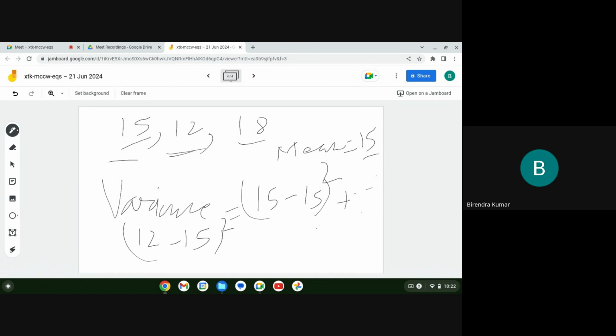Take square of that. Plus third number is 18. 18 minus the mean, 15, square of that. You have to sum it all and then divide by what? Divide that by the number of numbers I have. Yeah, it'll be 3.